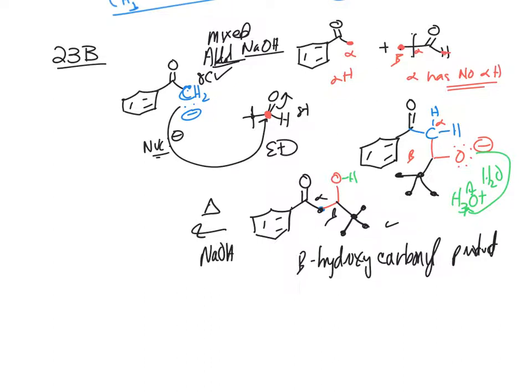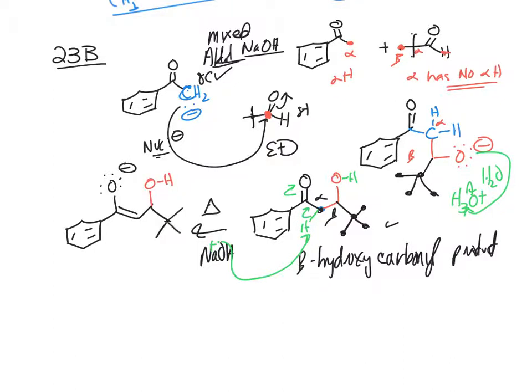Folks, you still have an acidic proton on the alpha. So the base can take this hydrogen away, and it actually does this, okay? So, okay, this is an E1CB.